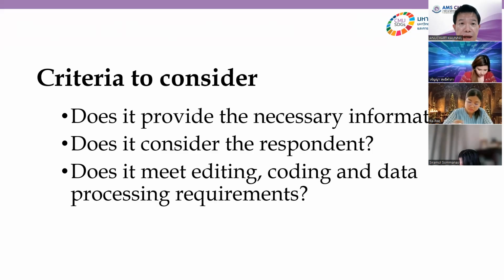Sometimes we need to classify from 18 years old up to 60. Some people think like that. Or we need to focus only on the parents or family members. You need to designate and classify the population or the respondents. Then it must meet editing, coding, data, and processing requirements.